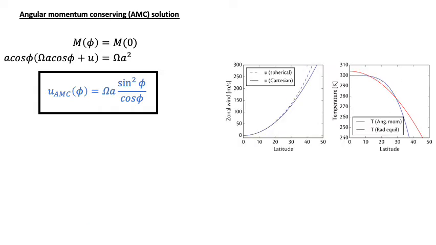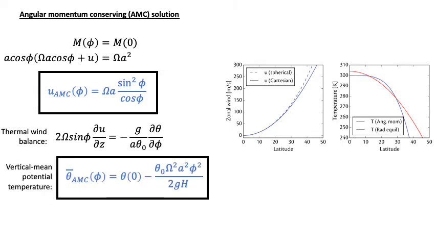Okay, and so what we can do then is pair that with thermal wind balance, which is shown here in spherical coordinates. You can actually replace d phi at the bottom with dy if you want to put it in terms of normal Cartesian coordinates, which is very similar. And so when you do that, you get a solution for the vertical mean potential temperature and how it decreases with latitude relative to the equator.